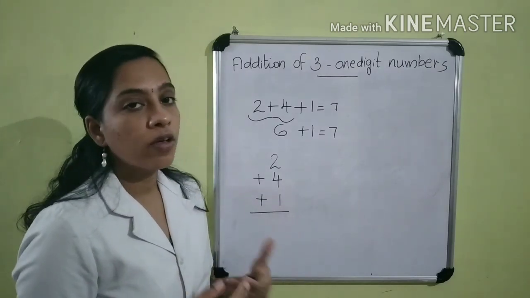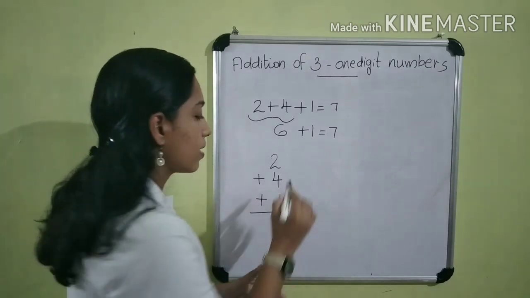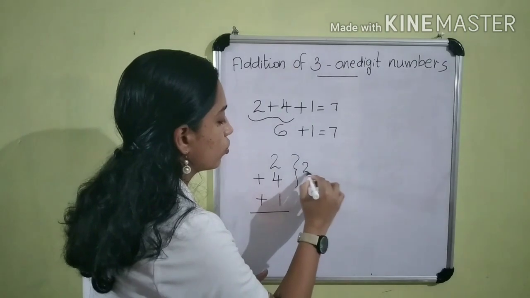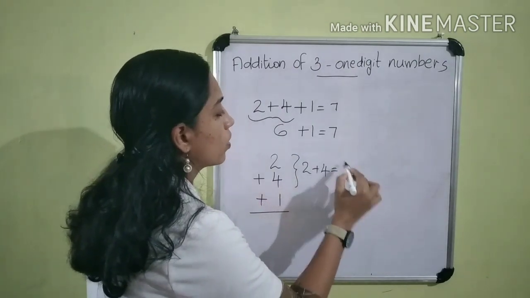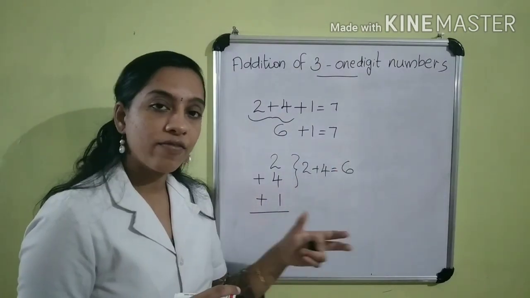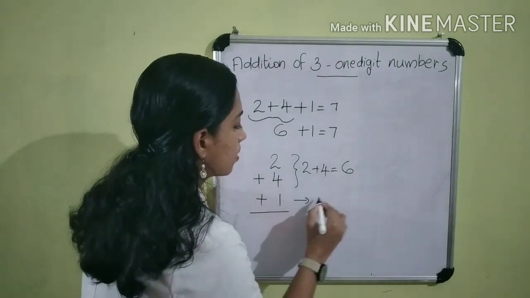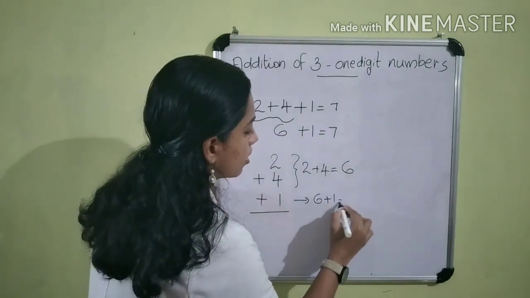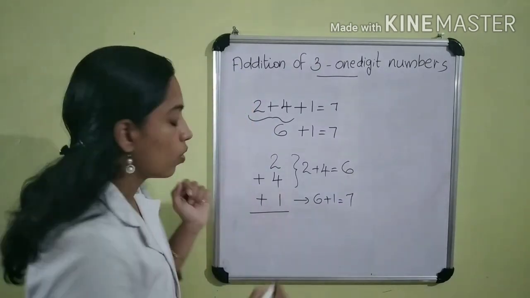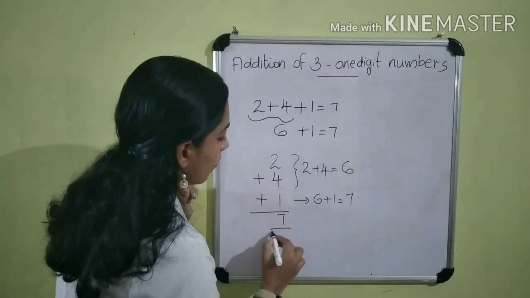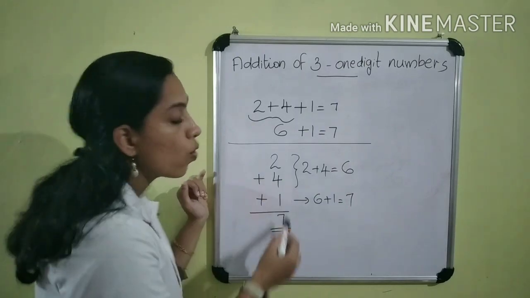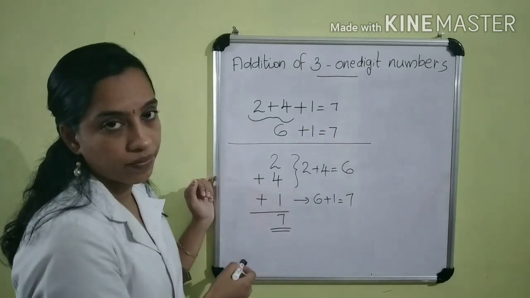Here also we will add the first 2 numbers, that is 2 and 4. 2 plus 4 is equal to 6. Then we will add the third number to the sum, that is 6 plus 1 is equal to 7. So we will get the answer 7. Children, this is called vertical addition.